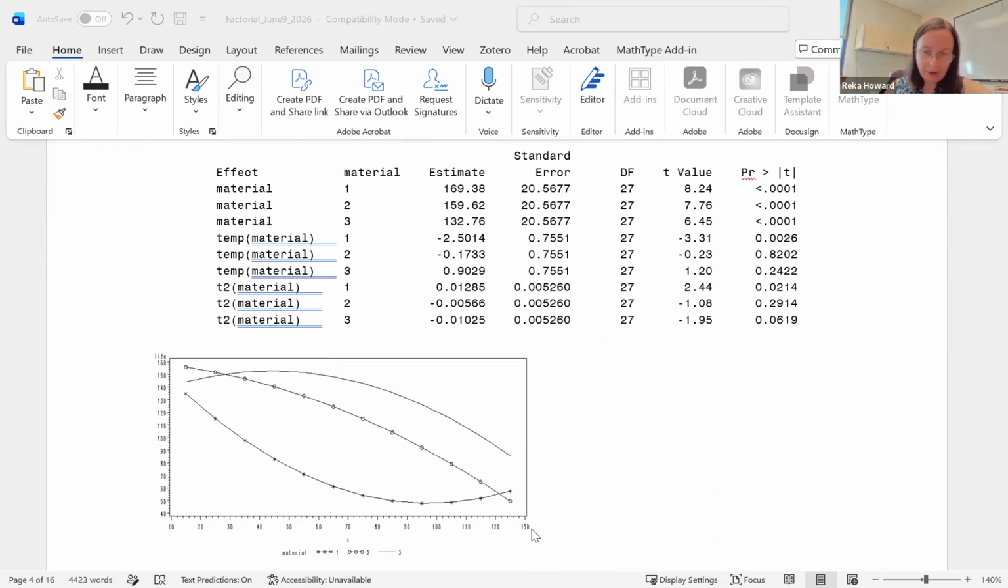These are the different temperatures on the x-axis, and these curves represent the different materials. Be careful, because we cannot say that material 3 is the best. Material 3 is the best above this temperature, which is 30-ish, let's call it 30. But below that point, actually, this material is better. So you have to be careful how you interpret the results.